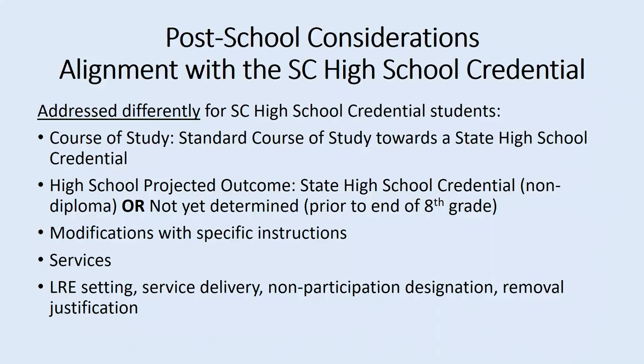This is where we would encourage you, especially with the credential students moving forward, to be very clear with what modifications are being made to the courses, to the general ed curriculum that they are taking. And then specifically in the text box, how is it different? What is it about what this student is achieving in the general ed curriculum that is different from what everyone else is?